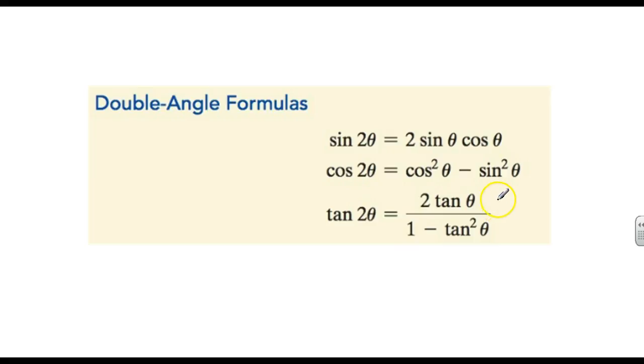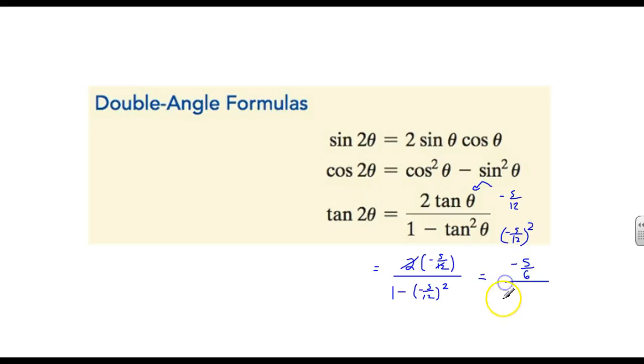So this was negative 5/12. We're just going to plug it in and square it, because it's being squared. So we get 2 times negative 5/12 over 1 minus negative 5/12 squared. Alright, that's going to cancel and leave me with a negative 5/6 up top, divided by 1 minus 5/12 squared, which is 25/144.